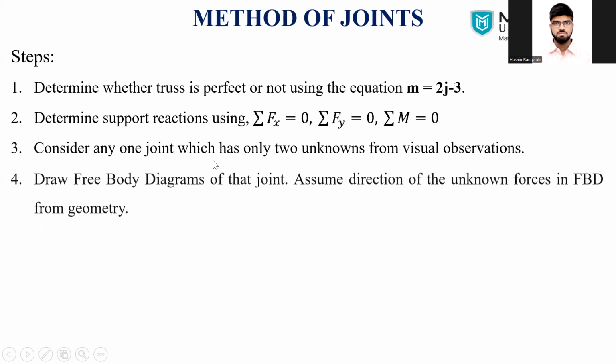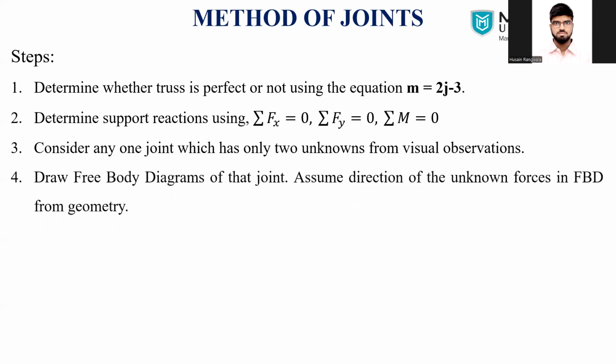Third step, consider any joint which has only two unknowns from visual observation. Always we have to go joint by joint. First we choose the joint having a maximum of two unknowns. Then we draw the free body diagram of that joint, and we assume the direction of the unknown forces in the free body diagram.